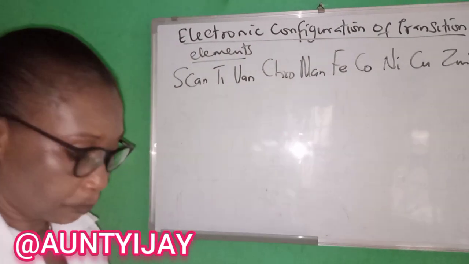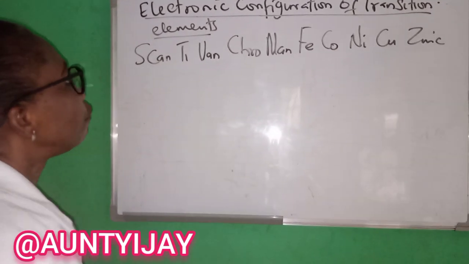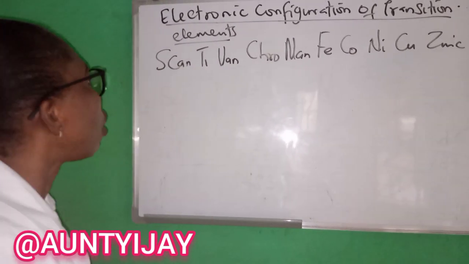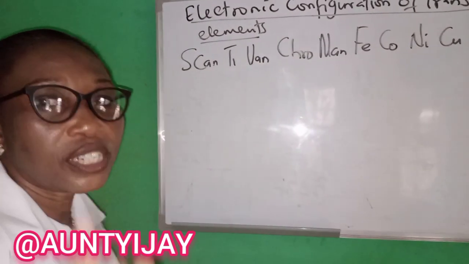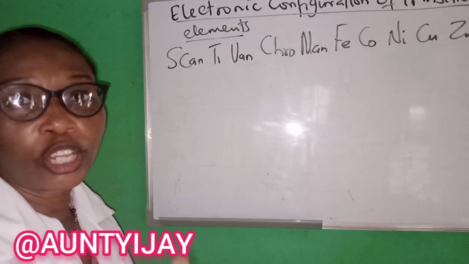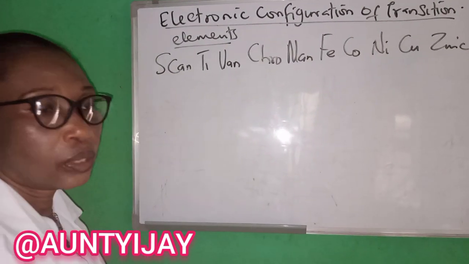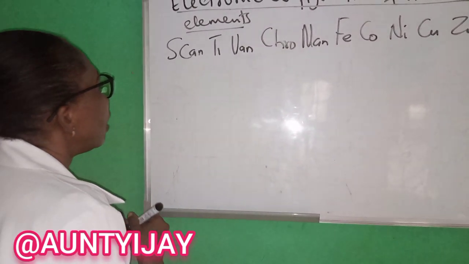If we are writing the electronic configuration of the first transition series, we have to understand the electronic configuration of argon and probably calcium.